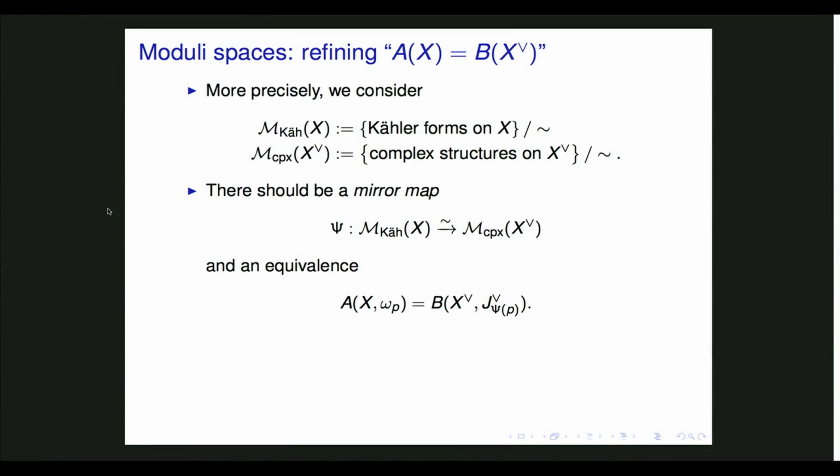So this equivalence between these invariants is supposed to work in families in this way, and there's supposed to be an identification between the spaces of parameters on which they depend.